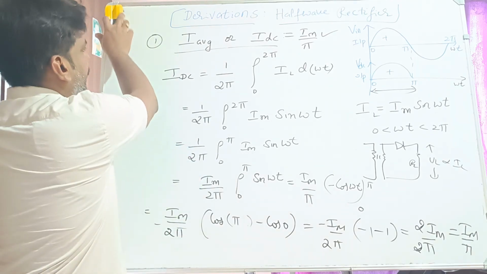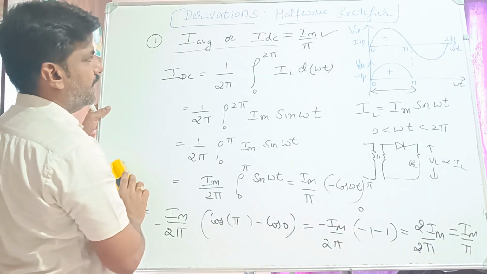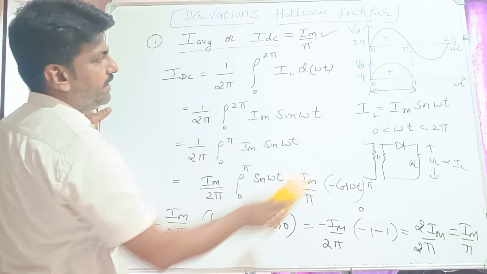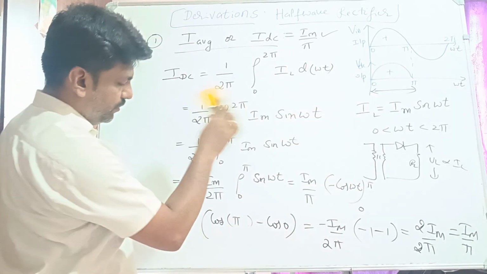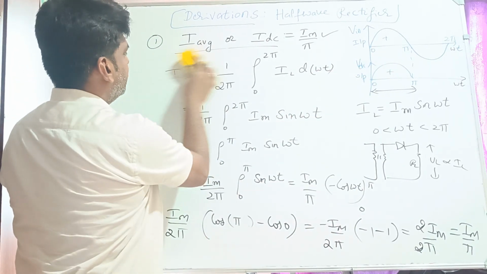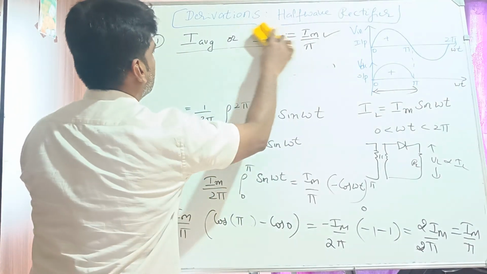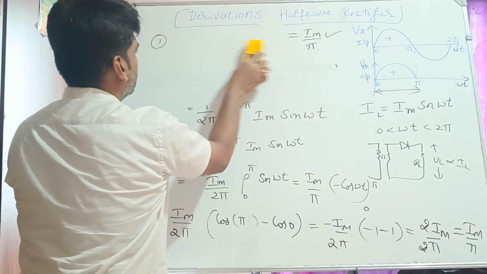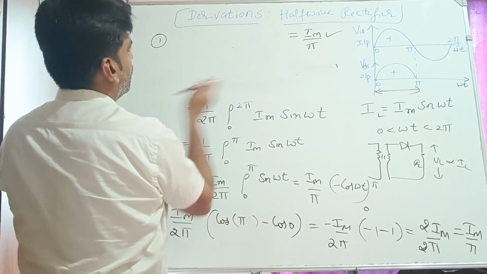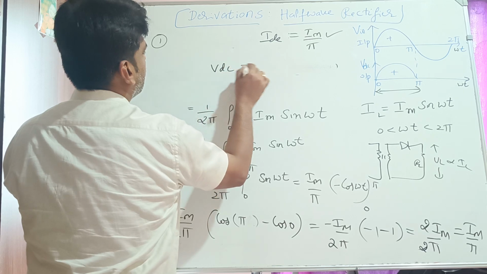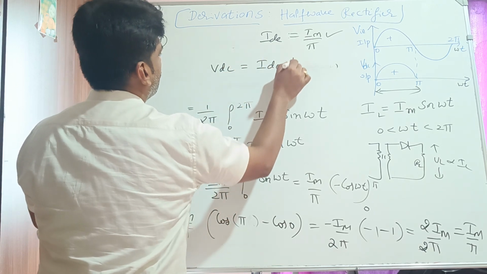Once we got the first one, I average or IDC, VDC is very easy, right? For IDC you should take this waveform and do it like this. For VDC, I will write here how VDC will be. Here it is IDC, so VDC can be written as IDC into RL.